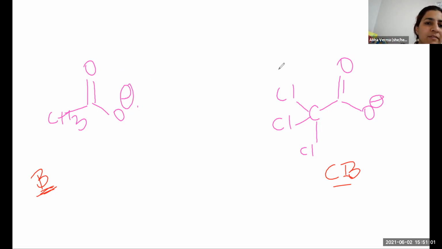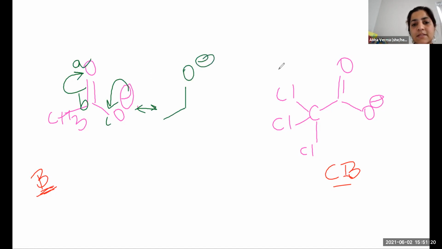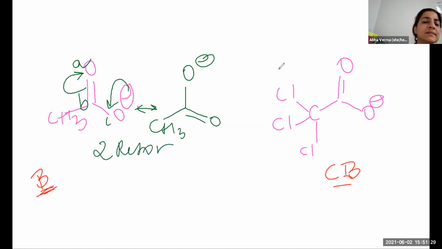So you have an allylic kind of structure, right? So your new bond forms here. The CO bond breaks here. And this is the new resonance structure. So two resonance structures. And this molecule is stabilized by resonance.